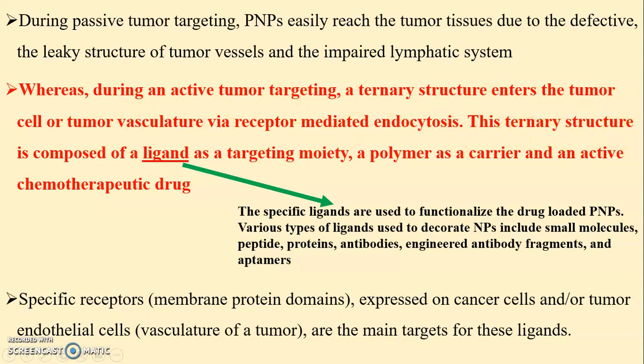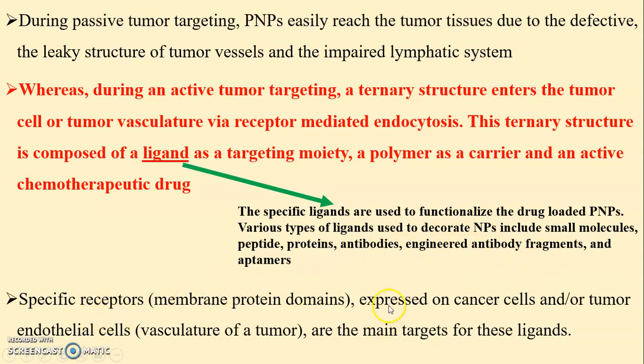This ternary structure is composed of a ligand as a targeting moiety, a polymer as a carrier, and an active chemotherapeutic agent. This is a specific ligand that is used to functionalize the drug loaded PNPs. The different types of ligands used to decorate these nanoparticles include small molecules, peptides, proteins, antibodies, engineered antibody fragments, and aptamers.